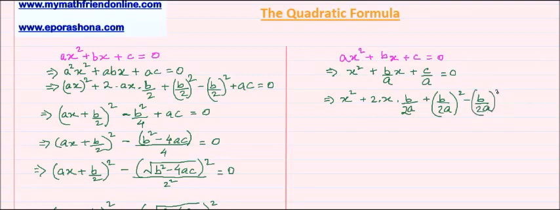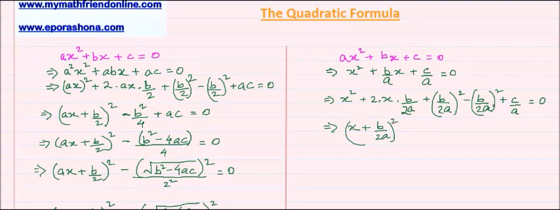So we do that. And there is the constant term c by a equal to 0. Okay. Now we take these first three terms, and we combine them to get x plus b by 2a whole square.